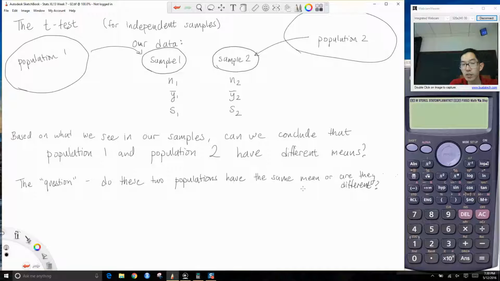Okay, so some examples of questions could be: do men and women have different blood pressures on average?